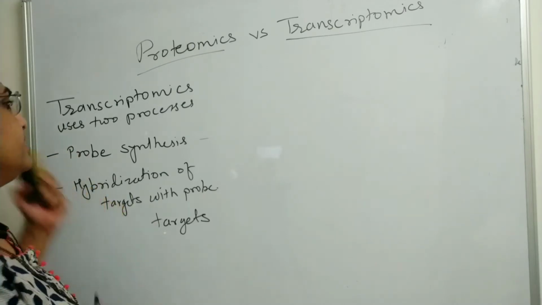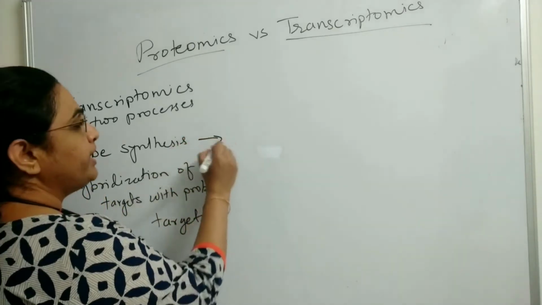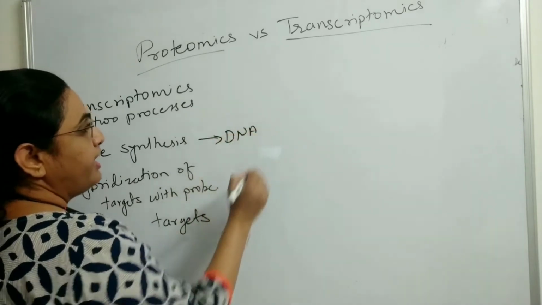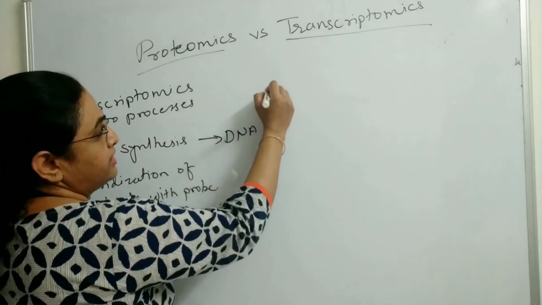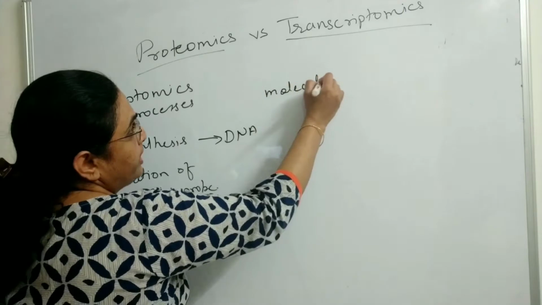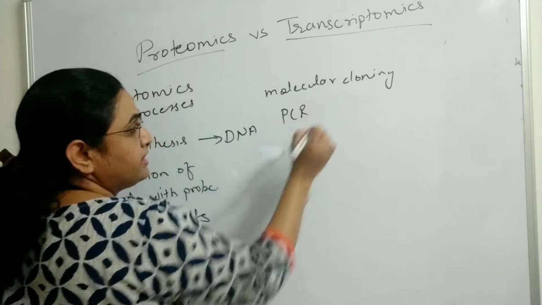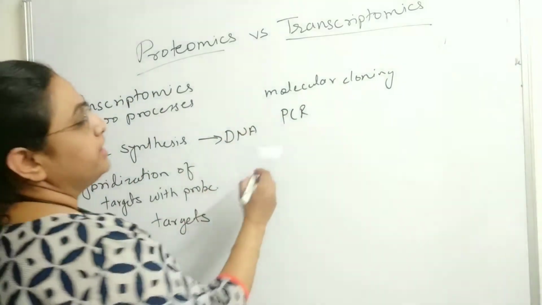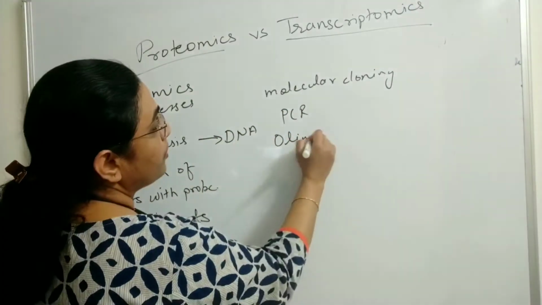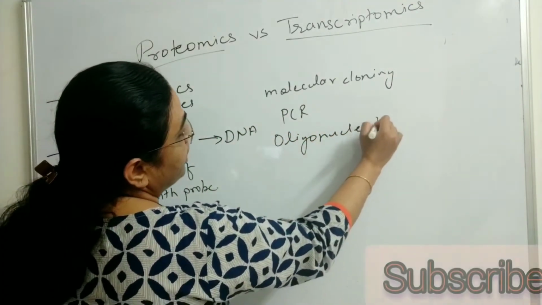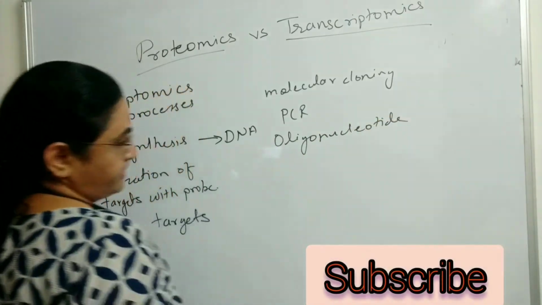When there is a synthesis of the probe, it is DNA, and that DNA is taken from molecular cloning. Second, it is a PCR product, or it is direct synthesis of the oligonucleotide over the genes.